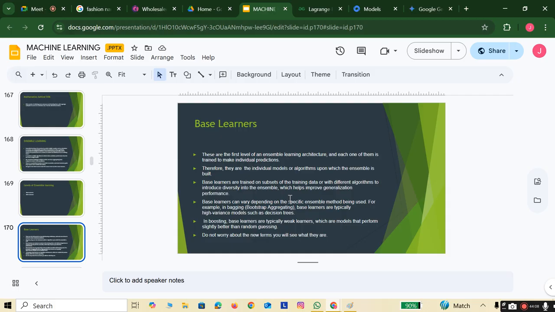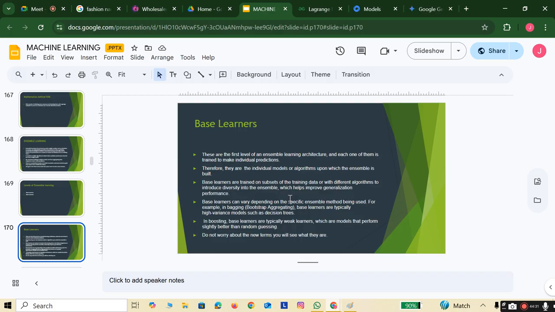So what can you notice there? We train base learners on subsets of the training data. We do not implement it on the full data. Or with different algorithms, which introduce diversity into the ensemble. Base learners can vary depending on the specific ensemble method being used.